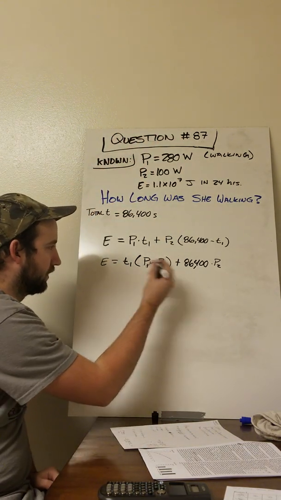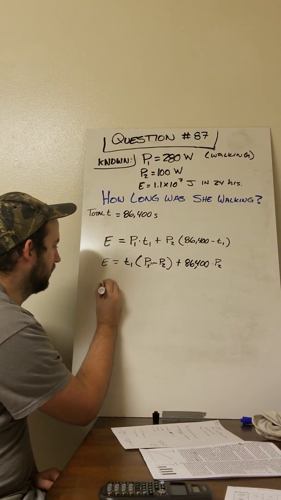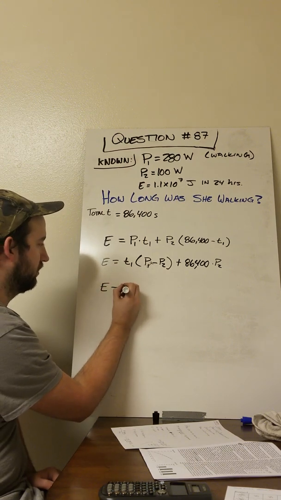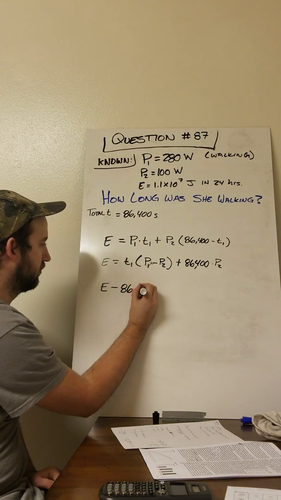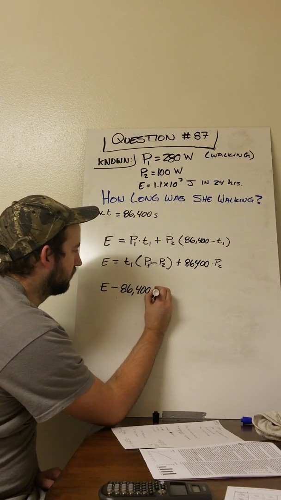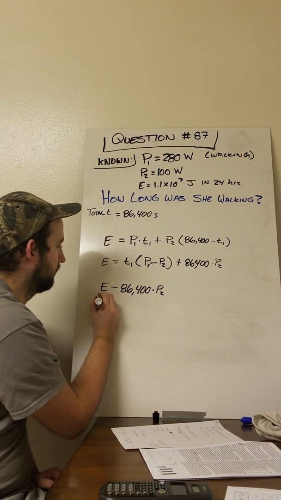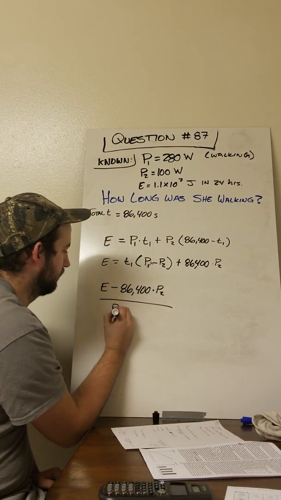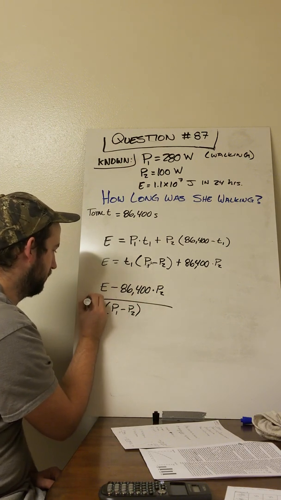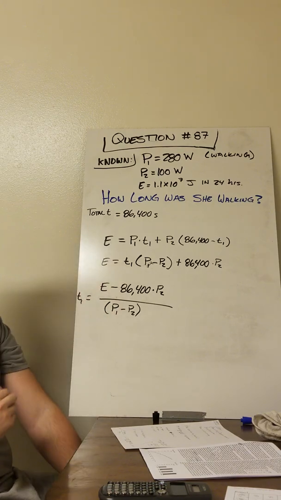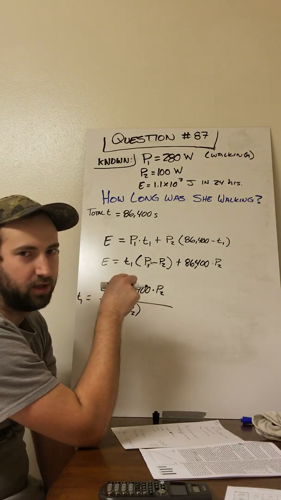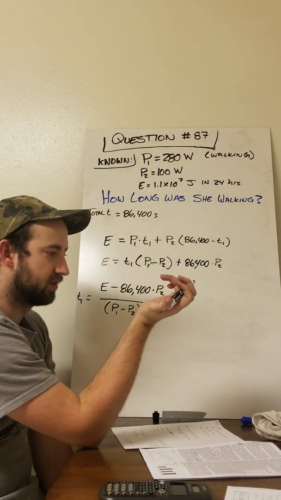So it's going to end up being E minus 86,400 P2, all over P1 minus P2, equals the T1. So simple algebra, we're just combining everything together, getting the variable we want to solve for isolated.